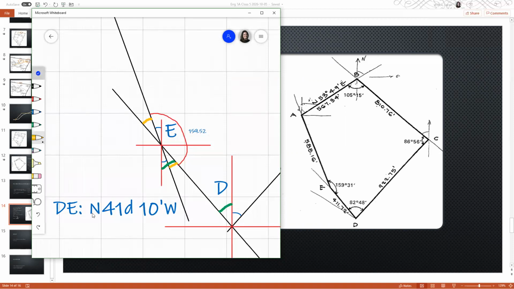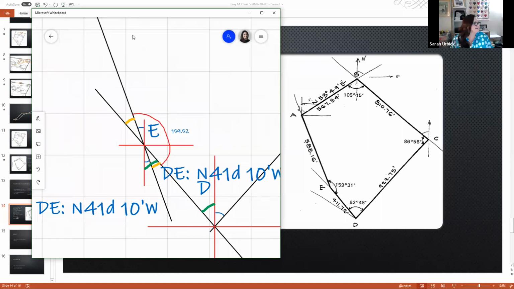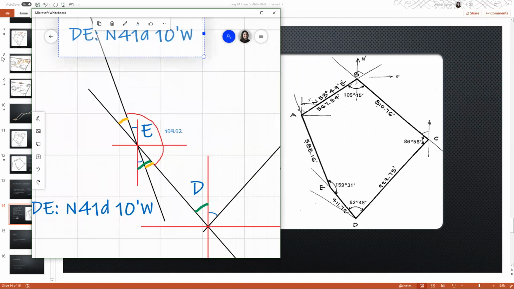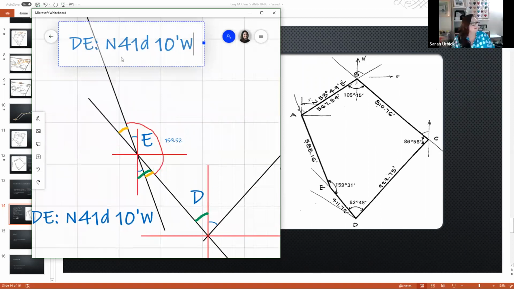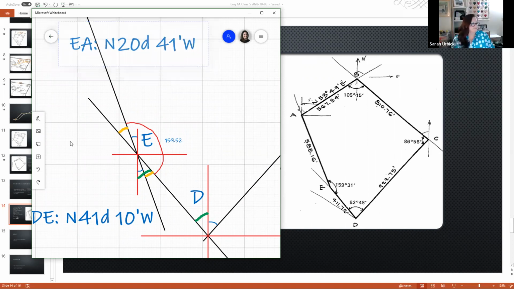EA is north, you said 20, and then 48. 41. 41? Okay. All right.